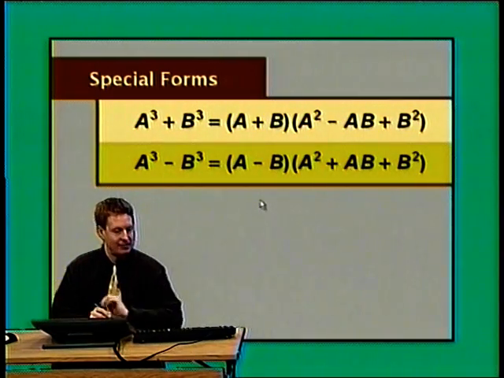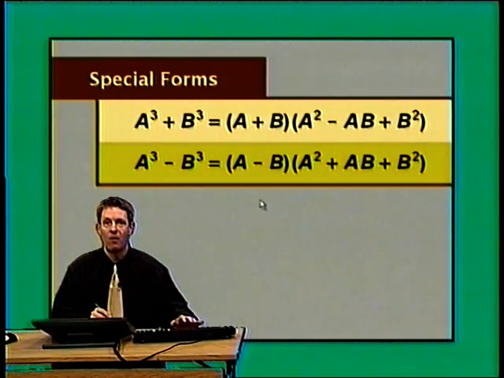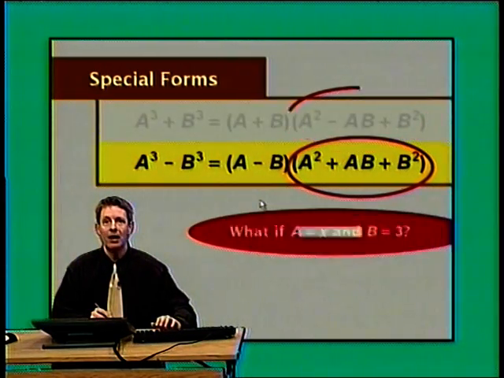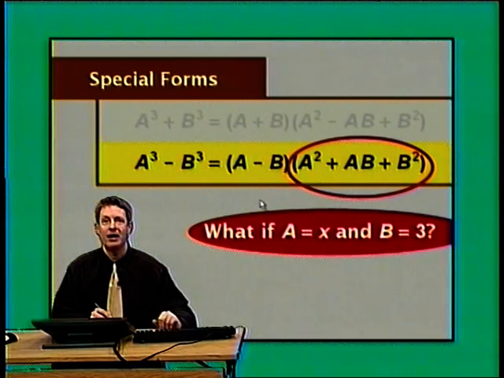Something that's kind of nice about these special form binomial sums and differences is that once you perform the first step of the factorization, the resultant trinomial never factors. Let's look at a specific example and get a sense of why it never factors. Let's think about what we would get if a was x and b was 3, and we were using the form a squared plus ab plus b squared.